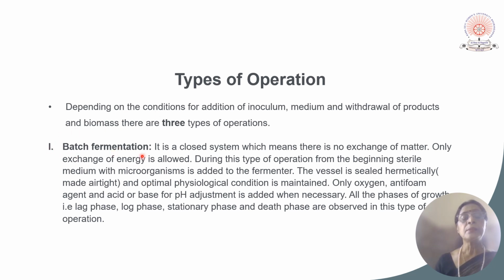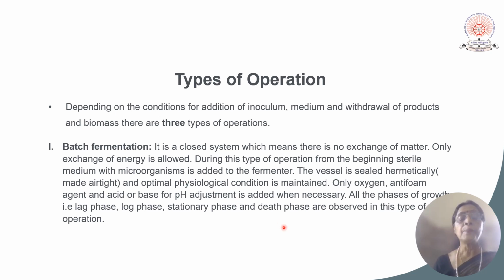Batch fermentation is a closed system, meaning there is no exchange of matter. From the beginning, all the things required, like the microorganism or the cells or the inoculum and the nutrients, are added, and after adding everything, proper sealing is done.